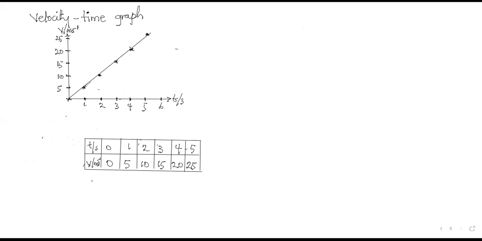Let me pick any 2 points for you. This one, and then this one. Delta V in meters per second against delta T in seconds. So find the slope for me.